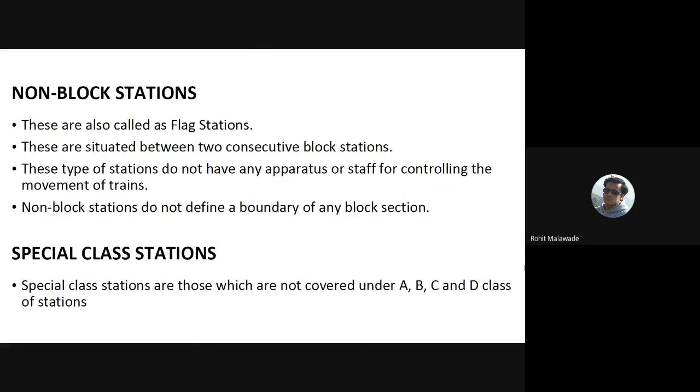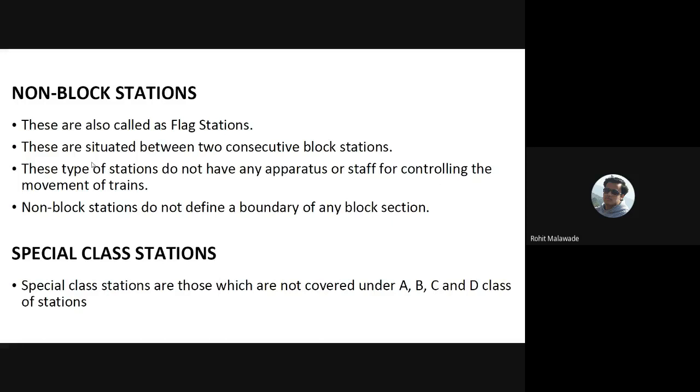Next, we are going to see what non-block stations are. These are called flag stations. They are situated between two consecutive block stations. In between the block stations, we have very small stations where there will be no signals. These types of stations do not have any apparatus or staff for controlling the movement of the train.